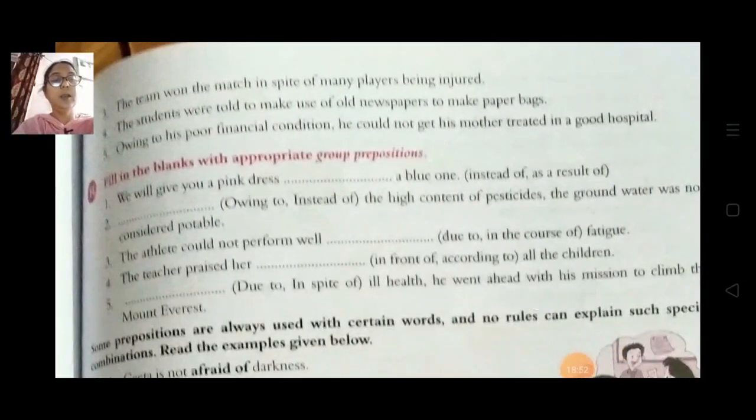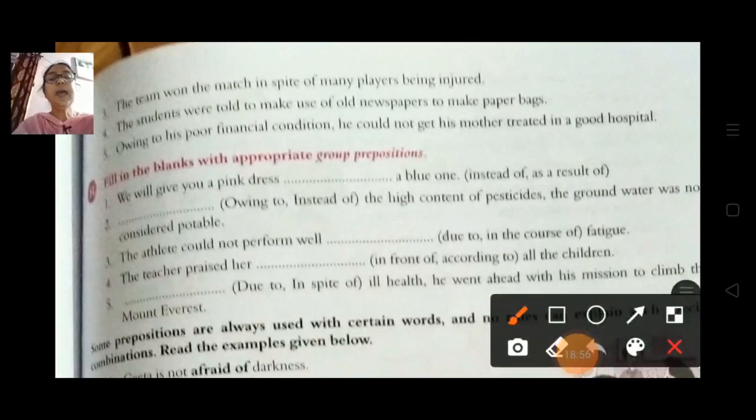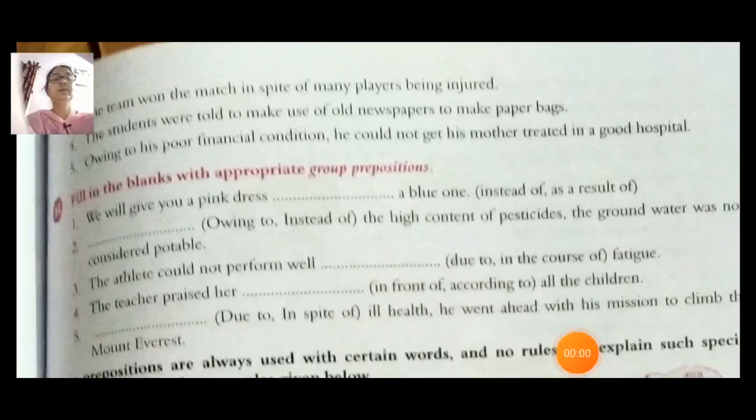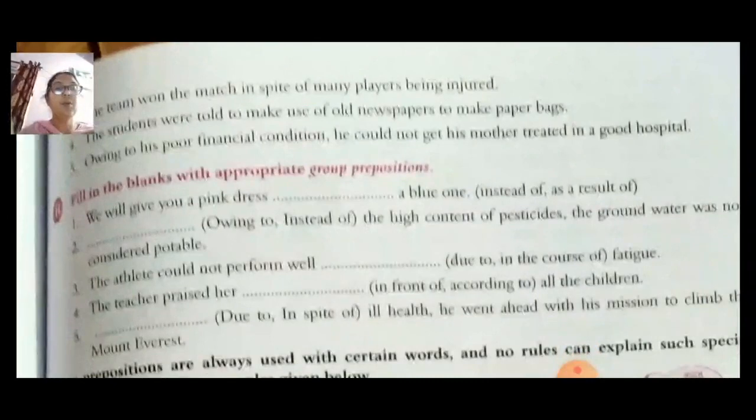So in this page we are going to complete the man won the match in spite of many players being injured. In spite of. Now the next exercise: the students were told to make use of.